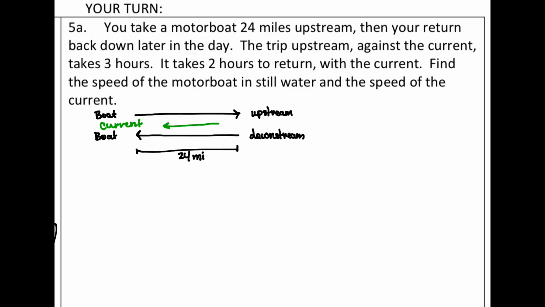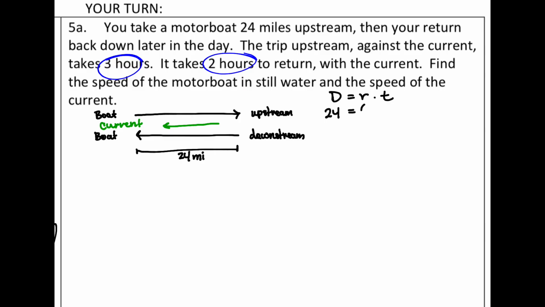And we know that, where are the times? Right here and here, right? Okay, so distance equals rate times time is what we're starting with. Okay, so the distance, this is the upstream one, is 24.